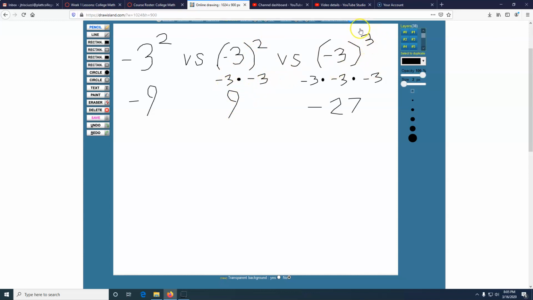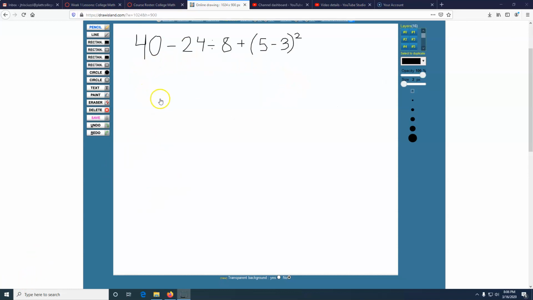The odd powers are always going to keep it negative because there's always an odd man out. And that's how I remember it. Odd number, odd man out. But if you're ever in doubt, you can expand these out. Just remember that you do not use the sign multiple times unless it's in parentheses with the exponent.